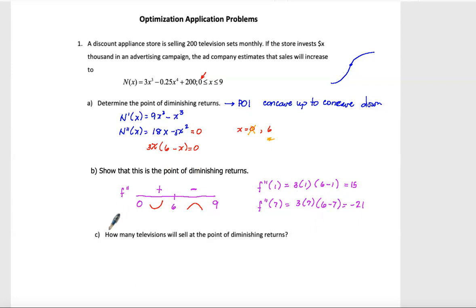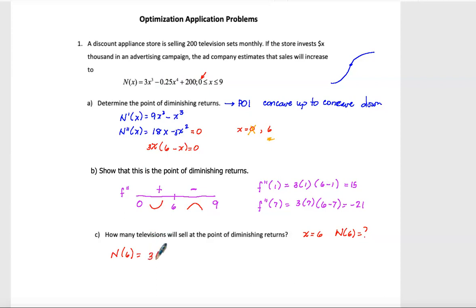Okay. Now, for letter C, it says how many televisions will sell at the point of diminishing returns? So meaning when x is equal to 6, what is n of x? Okay. So we have n of 6. How do we do this? We plug in 6 into our x in the n of x function.